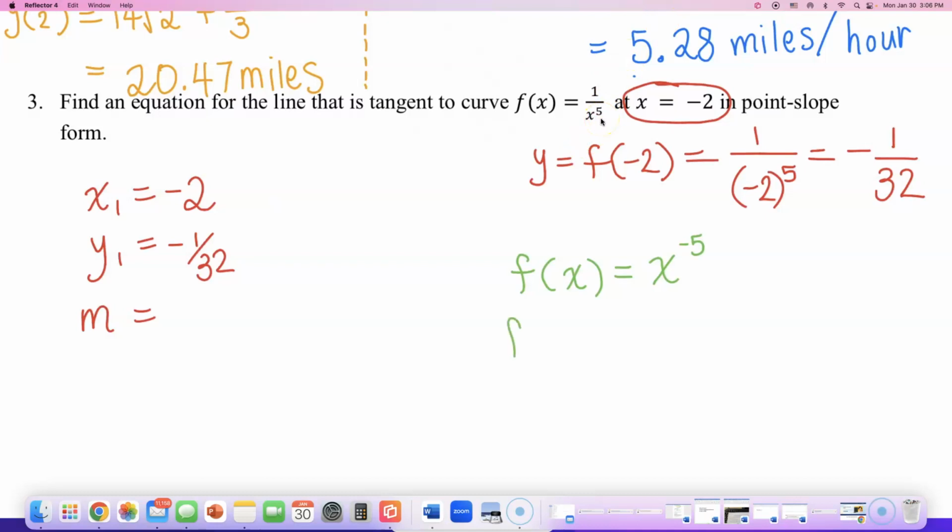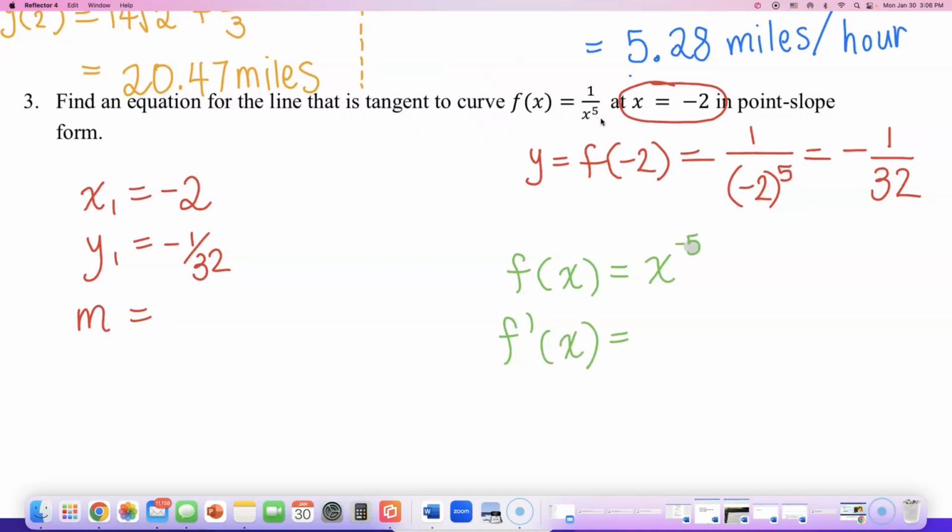Now take the derivative of this using the power rule. Bring down that exponent of -5 to the front. You're going to get -5x to the, go down 1 from the original exponent, so you're down at -6. So the derivative is -5 over x to the 6th.